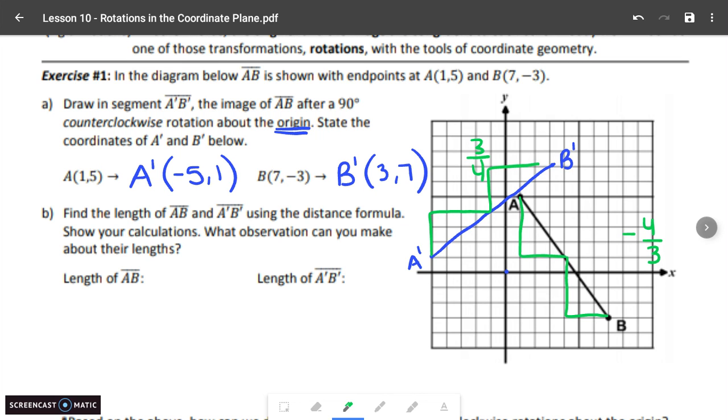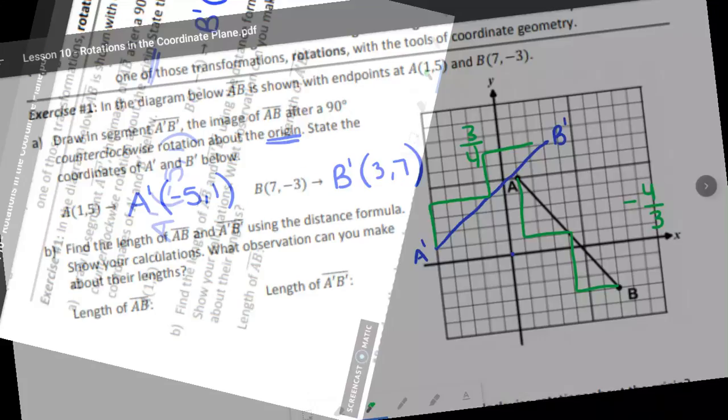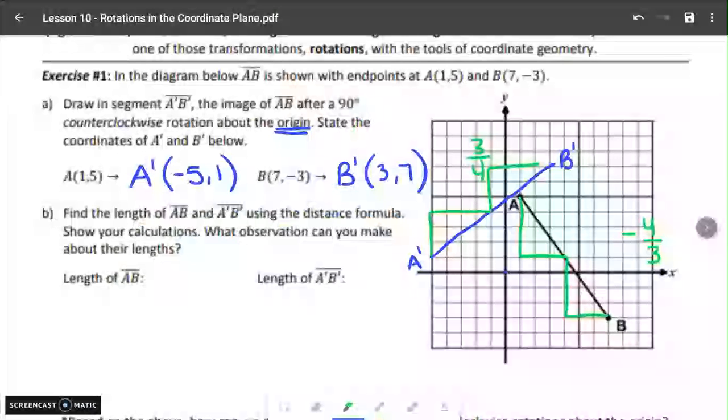Notice they're negative reciprocals of each other. Why might that make sense? These lines would have to be perpendicular to each other because it's a 90-degree rotation. Perpendicular lines form those 90 degrees. So even though it didn't ask about that, just keep that in mind as we go forward.